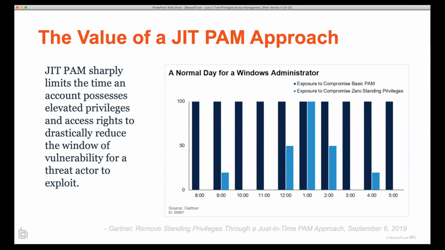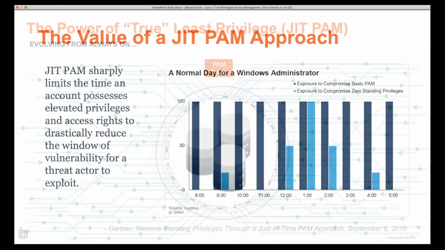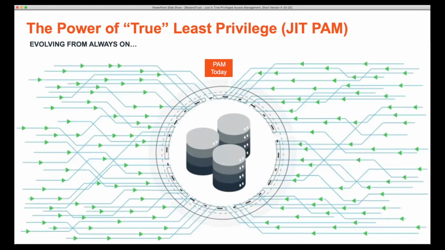So that a vulnerability exploit or even some type of privileged abuse through spray attacks or credential stuffing or something else just doesn't work because the account is not there. It's now truly ephemeral.